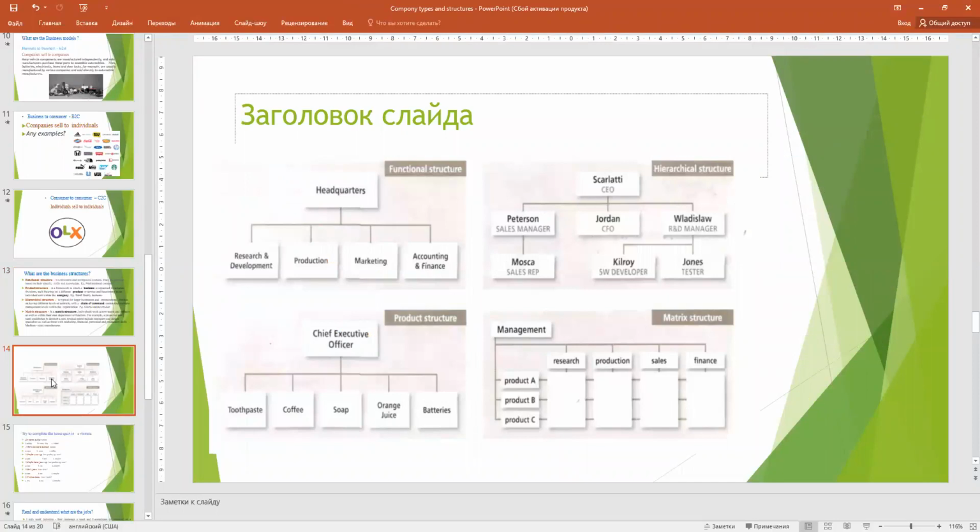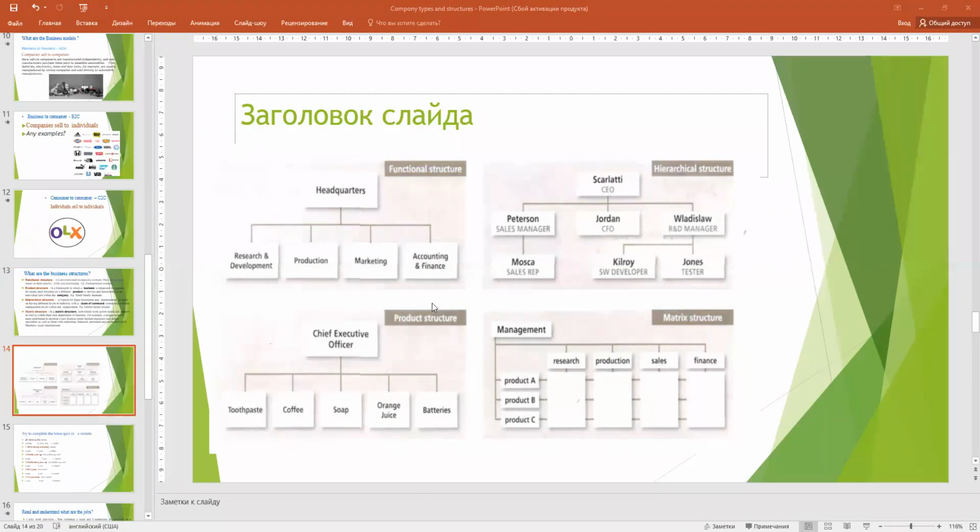Okay, and here you can see the main structure of each type of company. For the functional structure, the first position is headquarters and the sub-positions are research and development, production, marketing, accounting and finance.